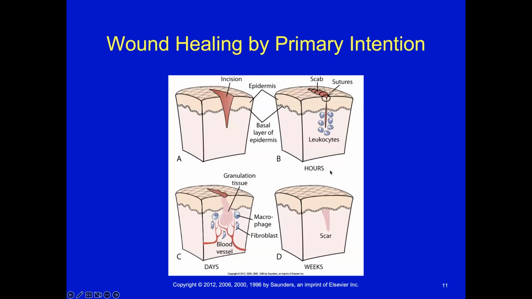Again, a little diagram. So primary intention, here you have an incision. This one's a little larger than a paper cut. In fact, here you see some sutures that have been added to hold the sides together, and actually a scab is formed. However, it is a clean cut situation, so healing will be fairly simple here. You do see a lot of the white blood cells present.